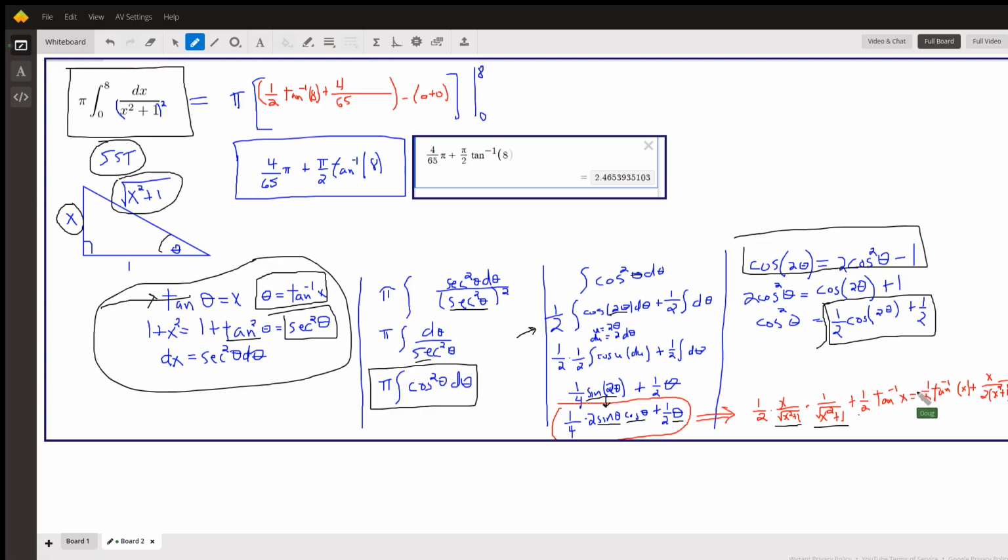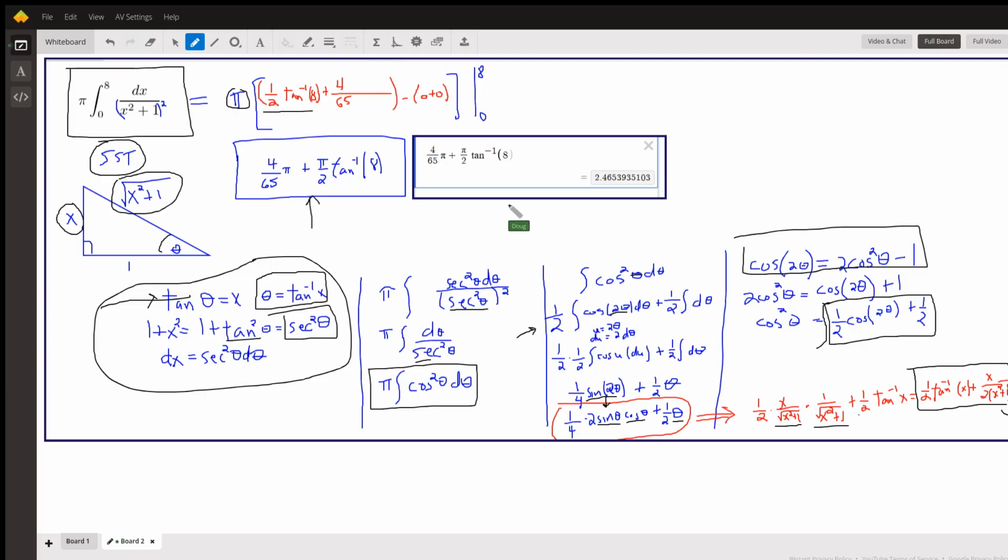So there's our antiderivative right there. And up here, I've shown substituting 8 into that antiderivative minus putting 0 in, and of course multiplying by pi. So there's an exact answer right there.